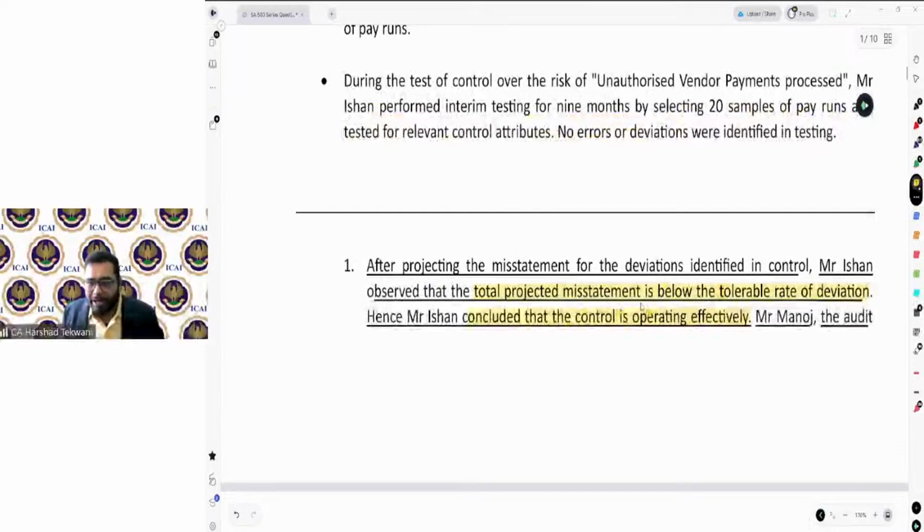And after projecting the misstatement, Mr. Ishan concluded that it's below tolerable rate of deviation. Do you think the control should be classified as not operating effectively, or the control should be concluded as operating effectively?